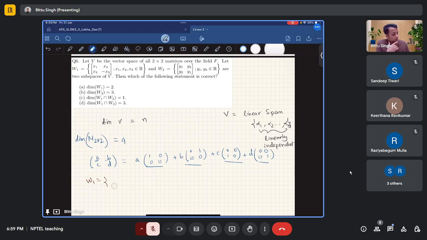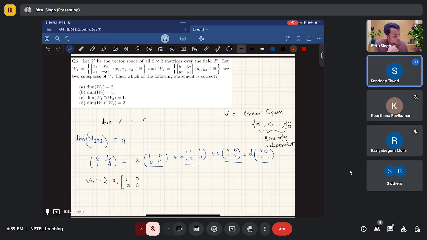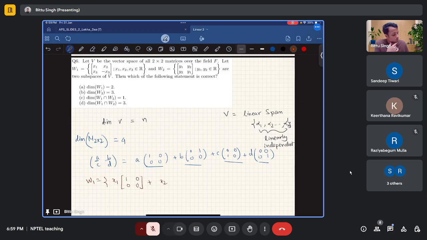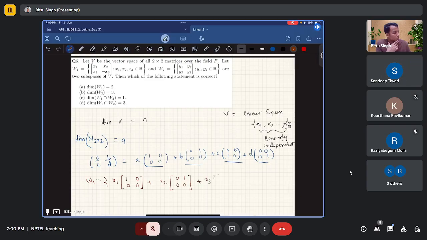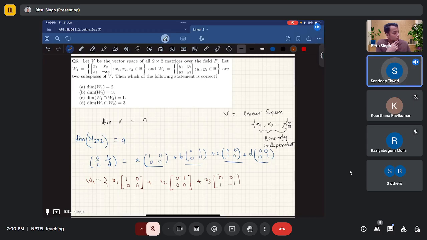So you can write W1 as x1 times [1, 0; 0, 0] plus x2 times [0, 1; 0, 0] plus x3 times [0, 0; 1, minus 1].